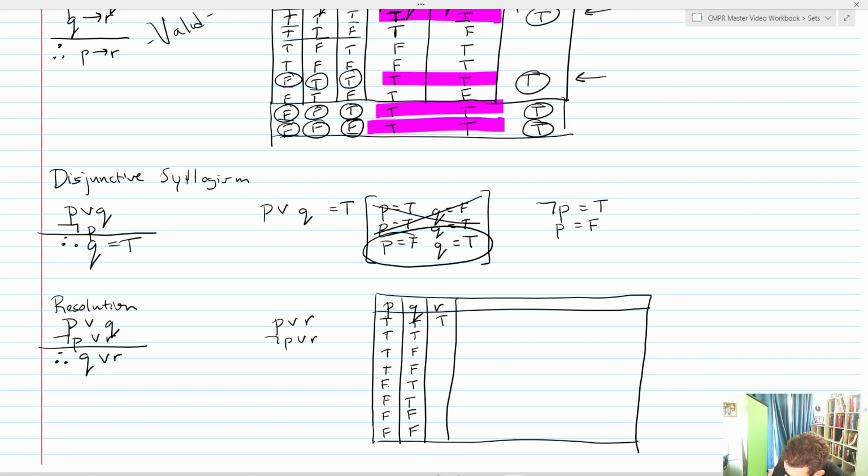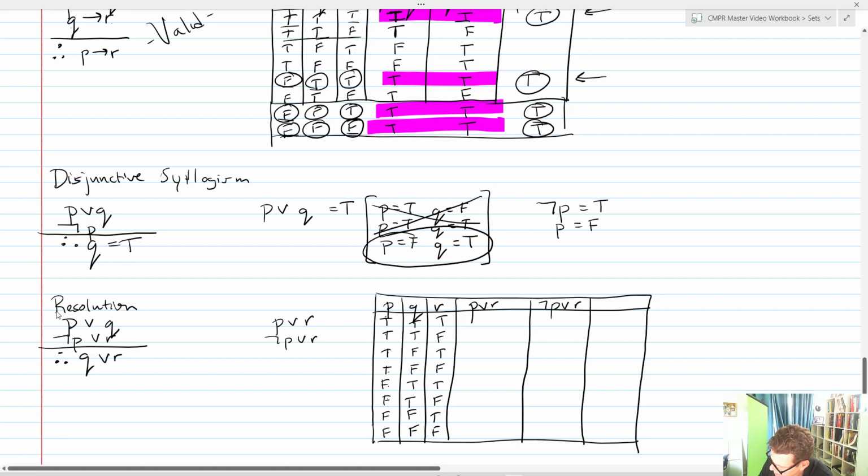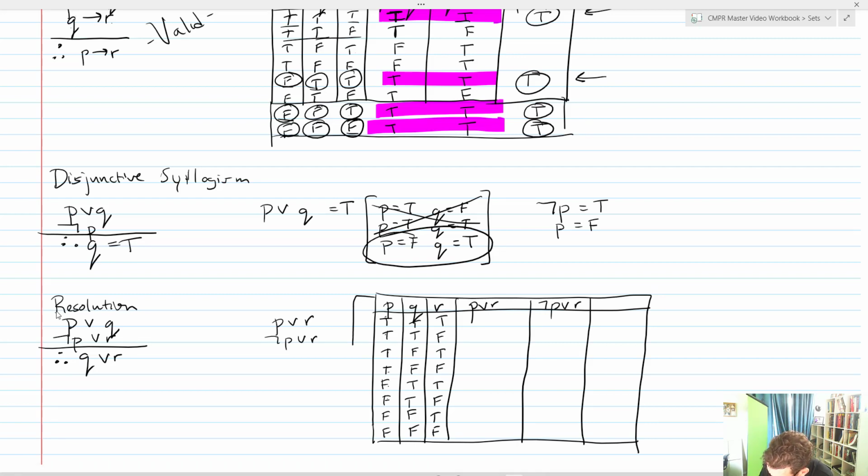It's for those who maybe have not done a lot of it. And now we're going to have P or R. That's our first hypothesis. And then our second hypothesis, not P or R. And we need both of those statements to be true. So I also am going to need not P. So I'm going to put not P over here, just on the side.